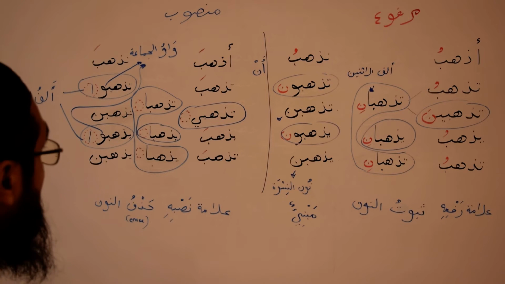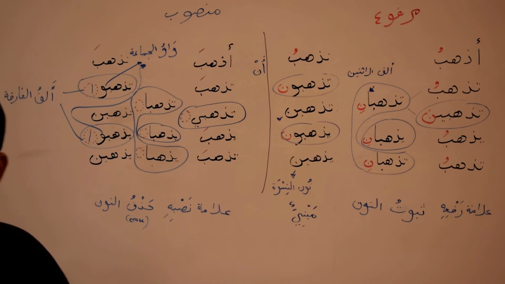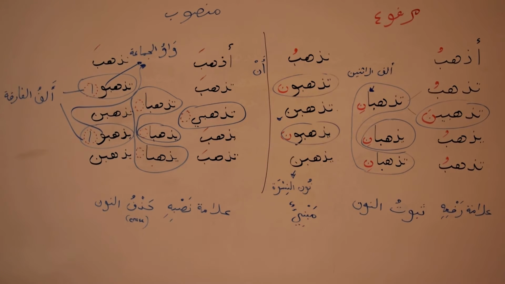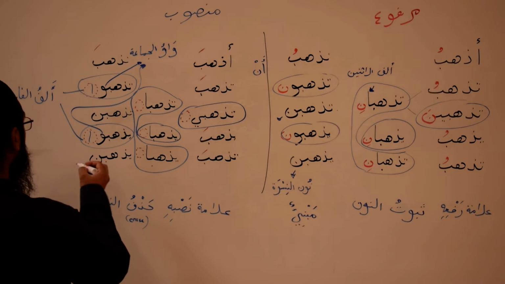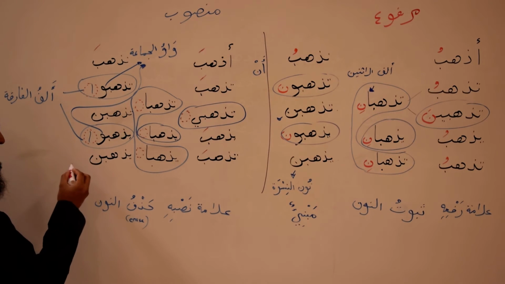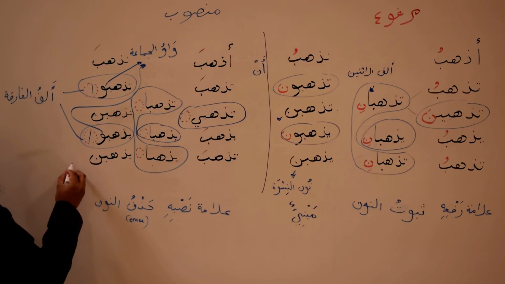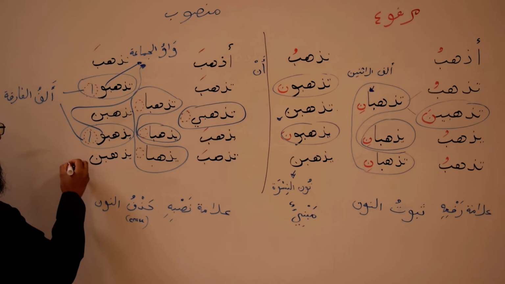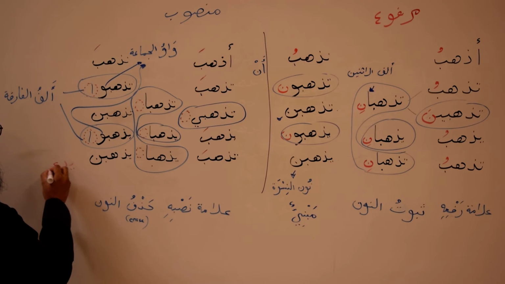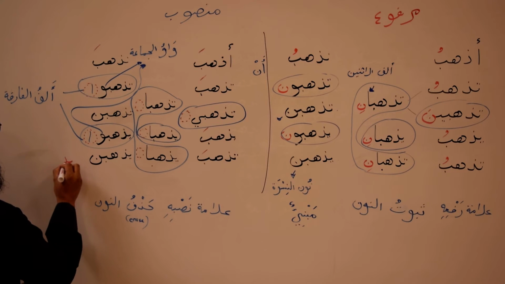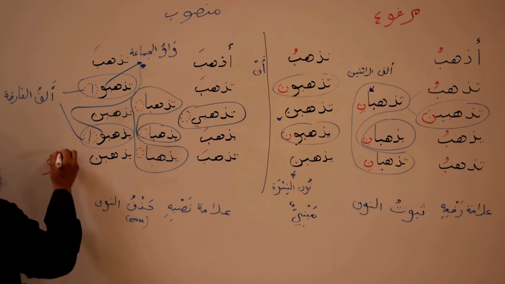Now in order to explain that, let me see if I have any space. I'm going to put it over here. You know there's a verb called da'a yad'u, right? The verb to make dua. So if you wanted to say he makes dua, it would be yad'u. Wa yad'u.